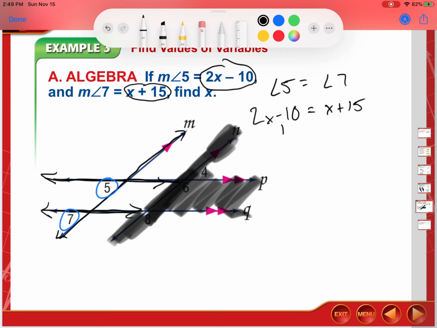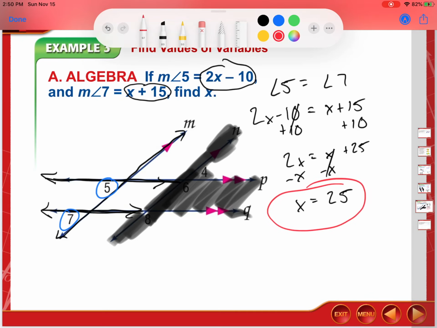To solve this, I want to get all my numbers on one side and all my x's on the other side. So I'm going to add 10 to both sides, and I'm left with 2x equals x plus 25. Then I'm going to subtract x from both sides, so I'm left with x equals 25.